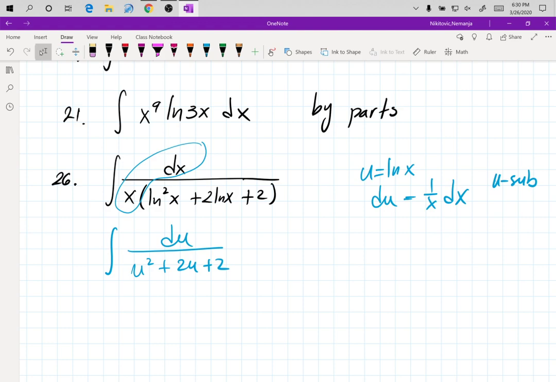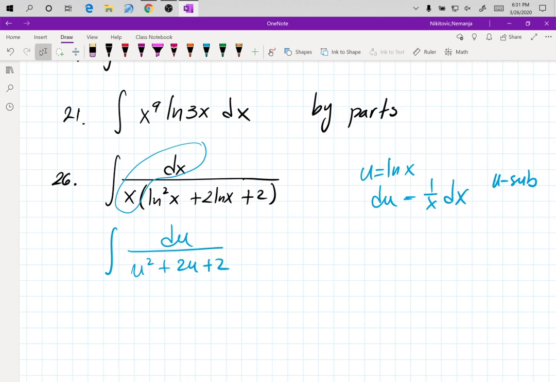We cannot use another u sub because we don't have 2u plus 2 on the top in the numerator. So what should we do now? This should be the $1 million question. This one is tricky now.